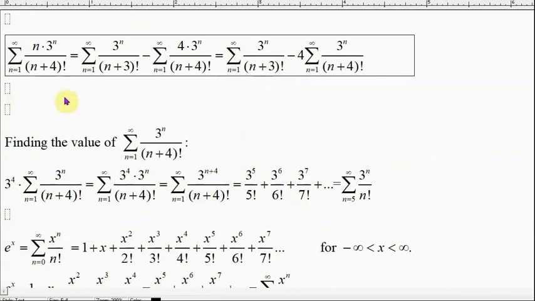And so for this summation right here with 3 to the n over n plus 4 factorial, I'm going to multiply it by 3 to the fourth. And then we get 3 to the fourth times 3 to the n, which is 3 to the n plus 4.